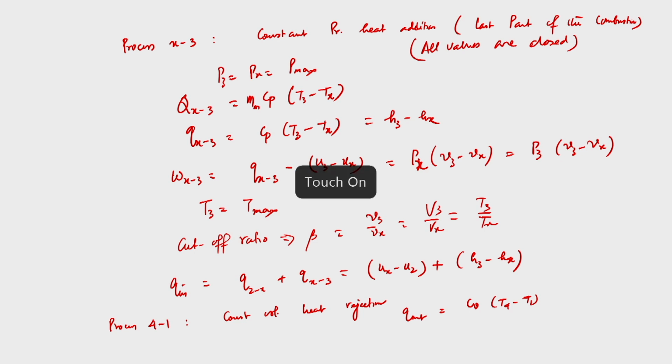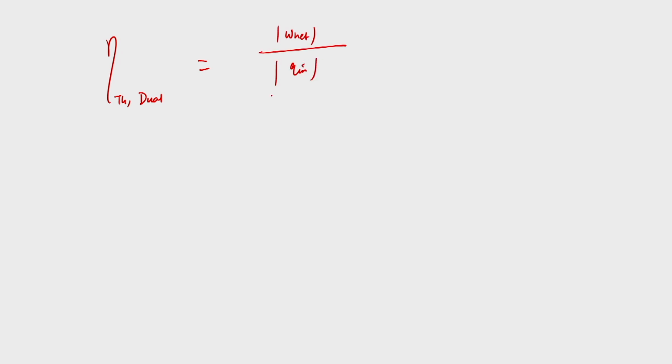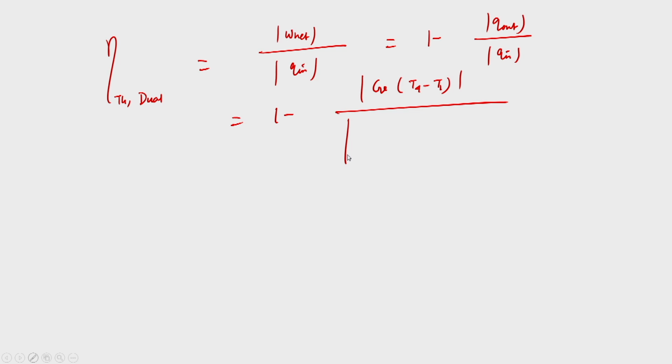Now, if I write the thermal efficiency of the dual cycle, very important, it is W net by Q in. That will be equal to 1 minus Q out divided by Q in. So, Q out is Cv into T4 minus T1, divided by Q in. You have to write what is Q in.